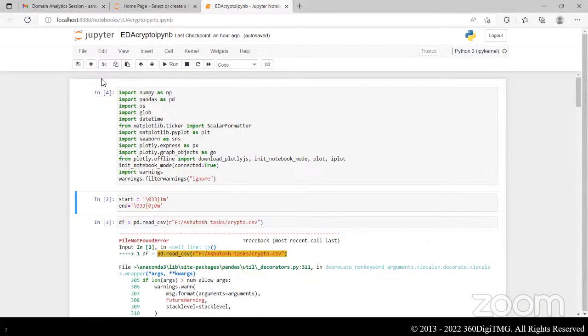And we are trying to perform various statistical analysis. And from these analyses, we try to visualize it using the graphical representation.